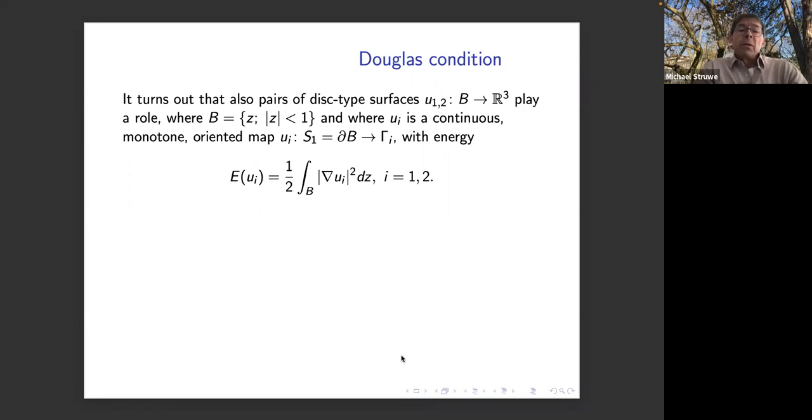That is, surfaces or parametric surfaces given by maps u1, u2 from the Euclidean ball B, where the norm of z is strictly less than 1, that each satisfy a Plateau boundary condition on the domain B. So the restriction of u_i to the boundary S1 of the ball should be a continuous, monotone and oriented map to the boundary curve gamma_i.